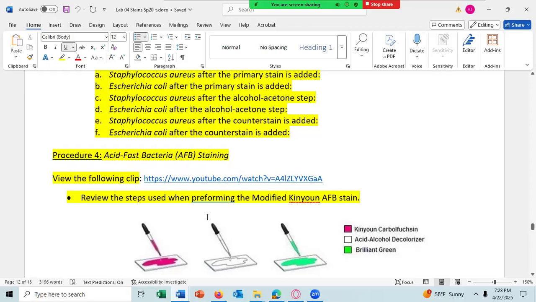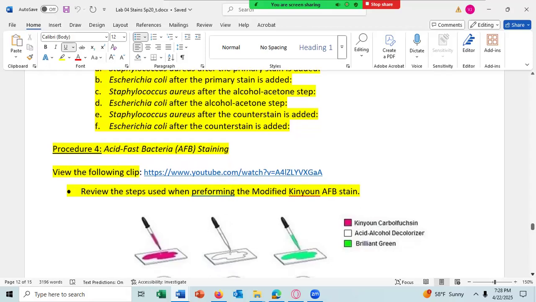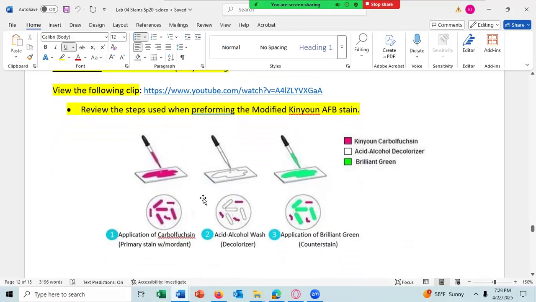Review the steps used when performing the modified Kinyoun acid-fast bacteria stain. We first add carbol fuchsin. It gets in both the acid-fast positive cells and the acid-fast negative cells. We then use the acid alcohol wash. It's the decolorizer. It will pull the carbol fuchsin from the acid-fast negative cells, and they will be colorless.